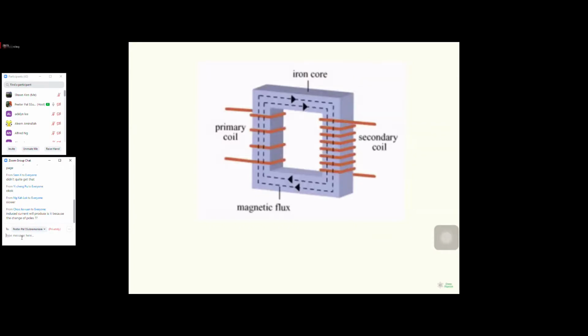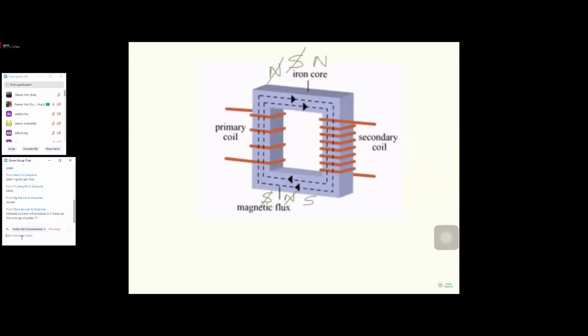Now, this is really important because instead of creating an electromagnet with a north up here and a south down here, the north and south will switch around 50 times every second. So what was north will become south up here and north down here, and vice versa. 50 times a second, north and south will switch direction.